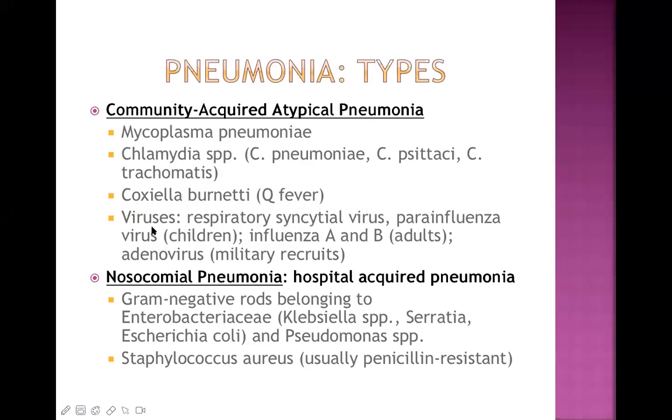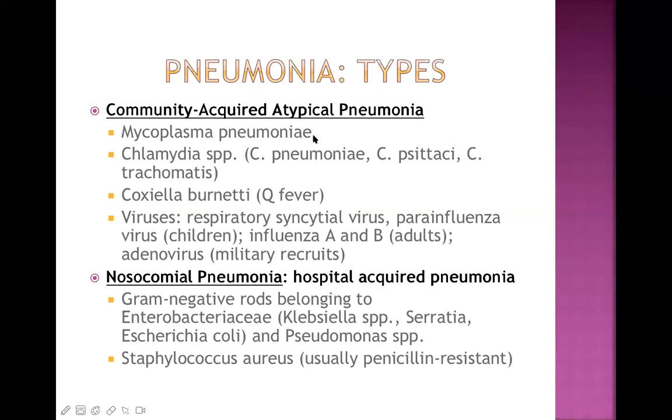Now the second type can be community acquired atypical pneumonia. These atypical pneumonias are a bit different from the typical bacterial pneumonia. So we'll talk about that. This is a major part of today's discussion. Now let's talk about the organisms here.